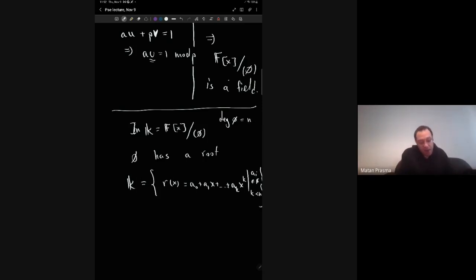Okay, and the addition and multiplication of elements in K is you simply do addition or multiplication of polynomials, and then you reduce modulo phi. So in particular, F is contained in K because you can take the remainder polynomial which is just a constant, just A0. And this will amount to every element in F can be presented as a remainder polynomial of degree 0.